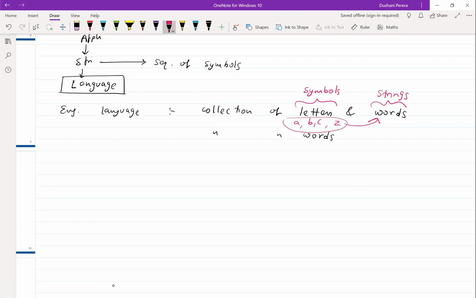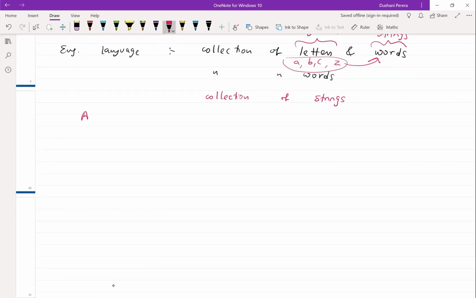So we can say in simple English that the English language is a collection of words, which is to say it is a collection of strings. This is the definition we use in automata theory to define a language: a collection of strings. So a language will have a set of strings that are formed over a particular alphabet.